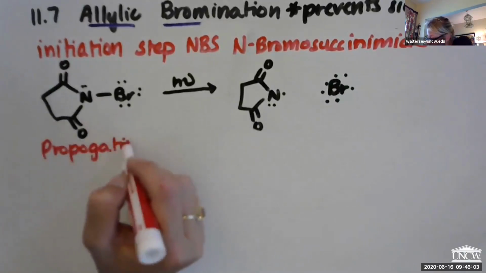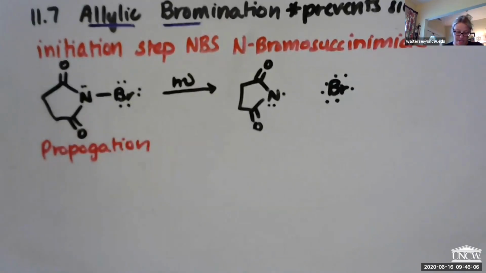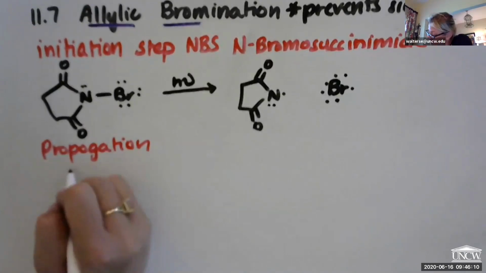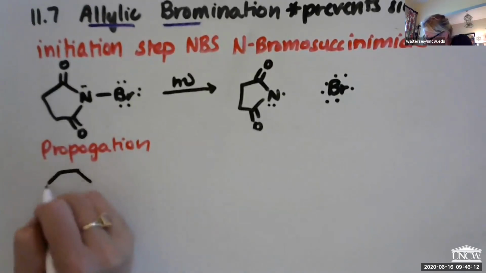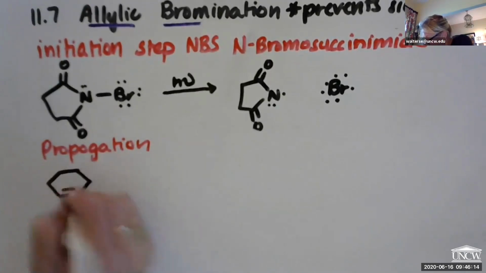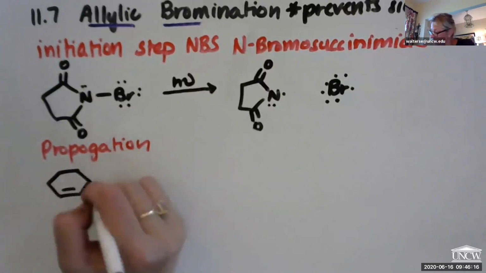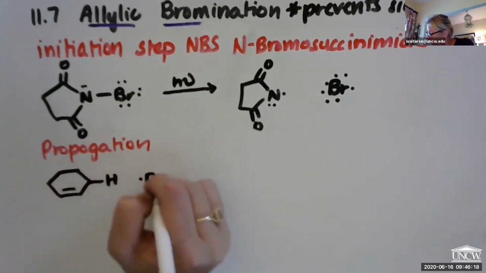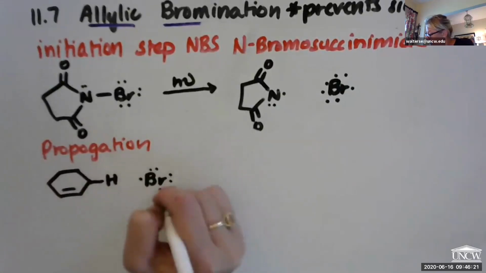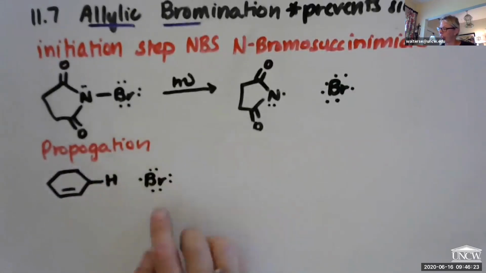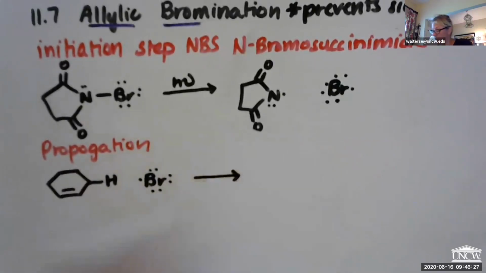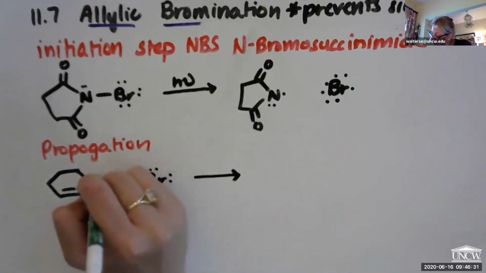Propagation initially has to be, I'm going to draw this hexane on its side so that the allylic position is out like this. Our initial propagation step, we have to have a radical come in and we have to move the radical to a different position.